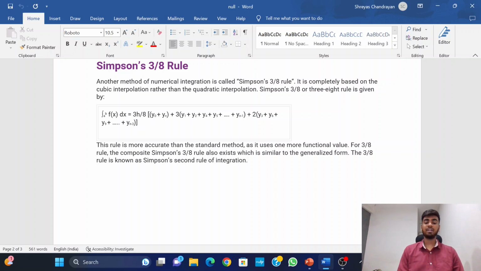This rule is more accurate than the standard method as it uses more functional values. The composite Simpson's 3 by 8 rule also exists, which is a similar generalized form. The 3 by 8 rule is also known as Simpson's second rule of integration.